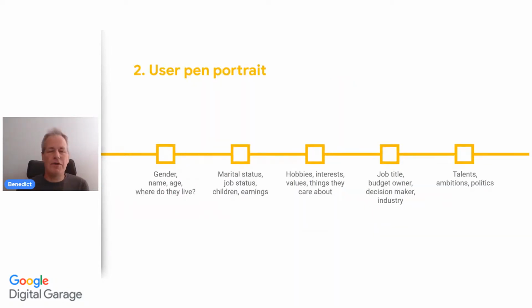So first of all, we've got a couple of different things to keep in mind when you're going through the whole process. There's gender, name, age, where do they live? Marital status, very important. As I mentioned before, it changes when you do become married. Job status, very important as well. Children, earnings, hobbies, interests, values, things they care about. Job title, budget owner, decision maker, industry, and then talents, ambitions, politics.